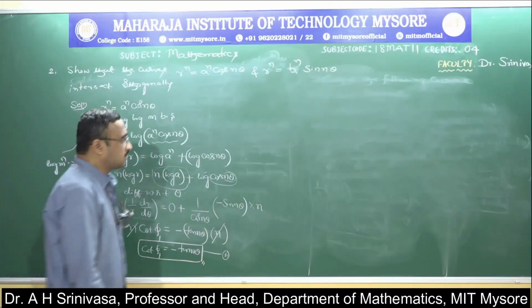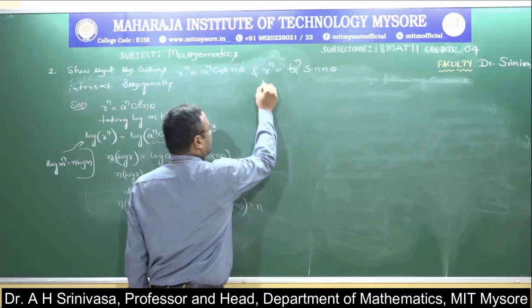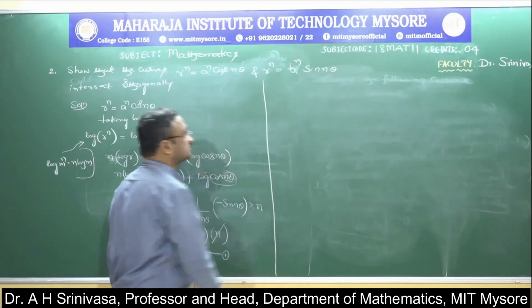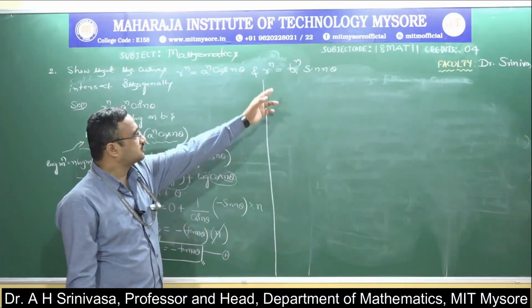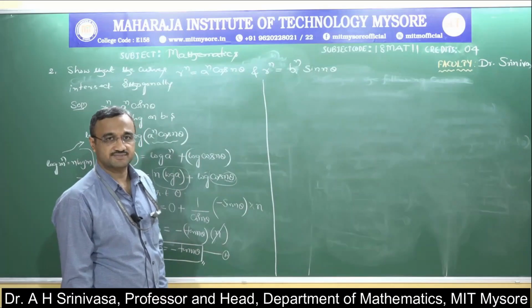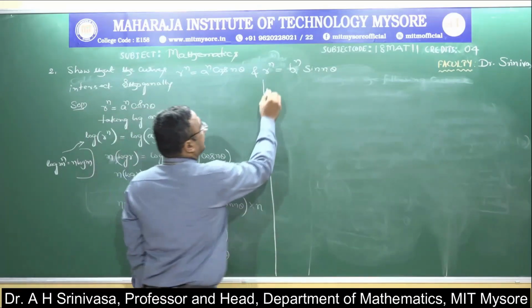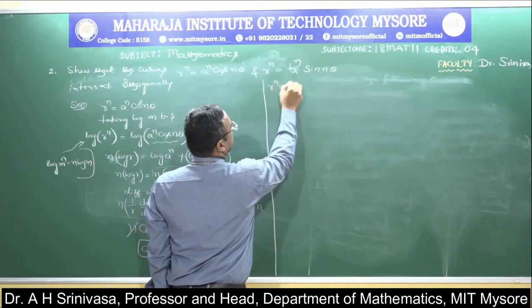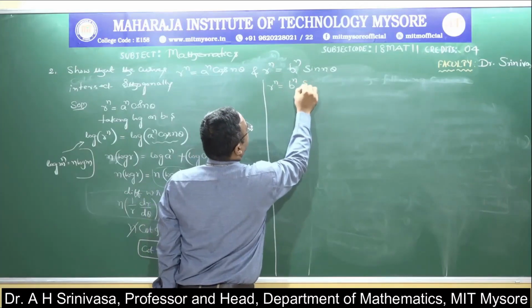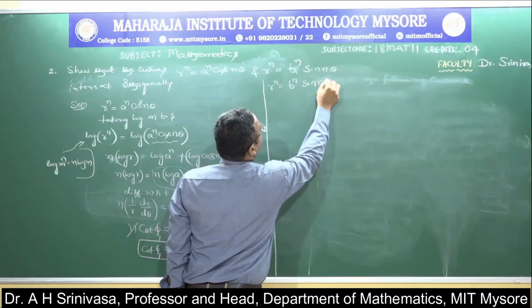The same procedure we adopt for the second equation. So again r power n should be equal to b power n sin n theta.